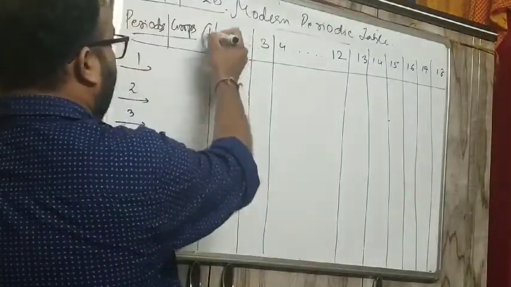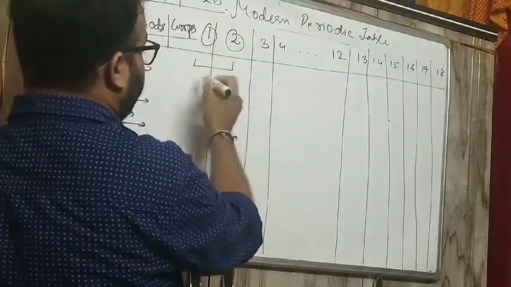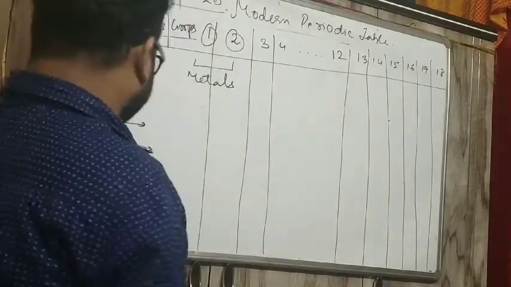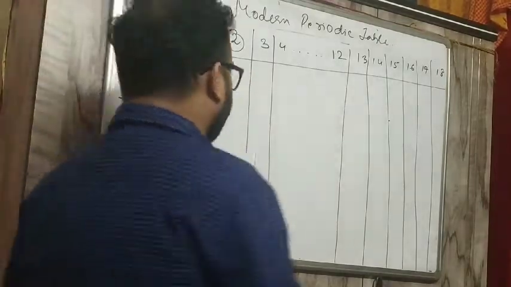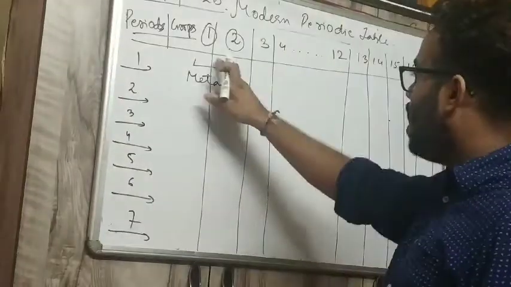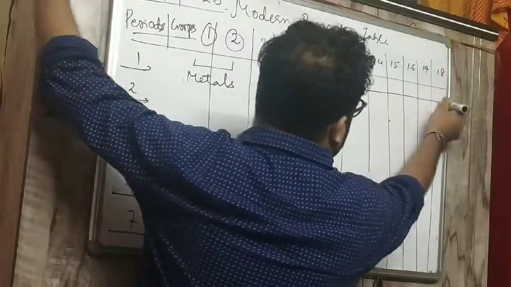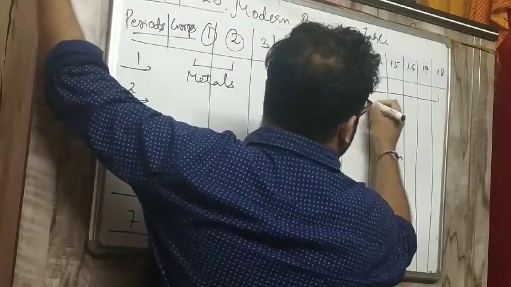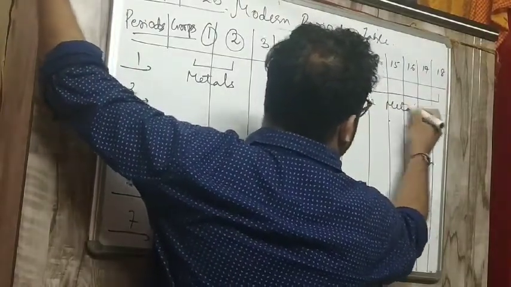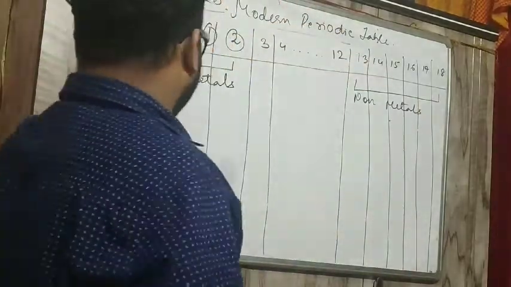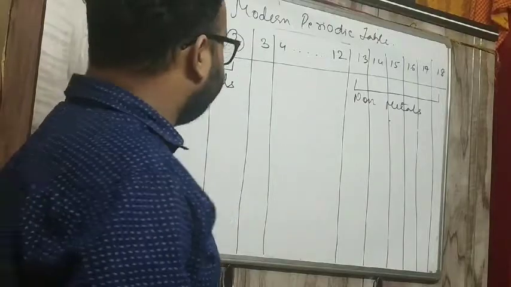So I have group 1 and group 2. Group 1 and group 2 are basically metals. Then group 13 to group 18 are basically non-metals.